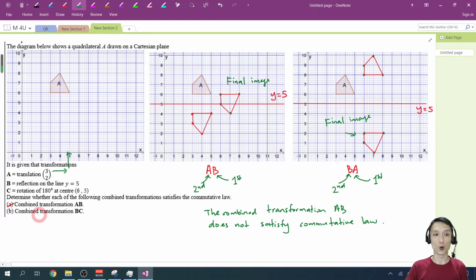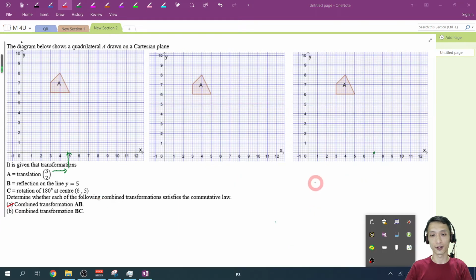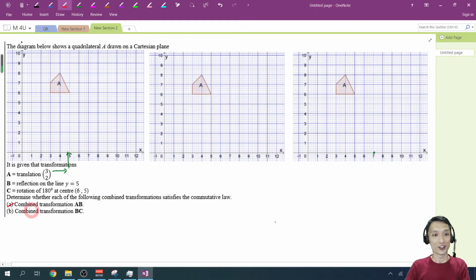Okay, now let's go to part B. So this time we are talking about BC. We want to know whether this combined transformation BC satisfies the commutative law or does not satisfy the commutative law. How do we know? We need to draw the image for the combined transformation BC and the combined transformation CB.